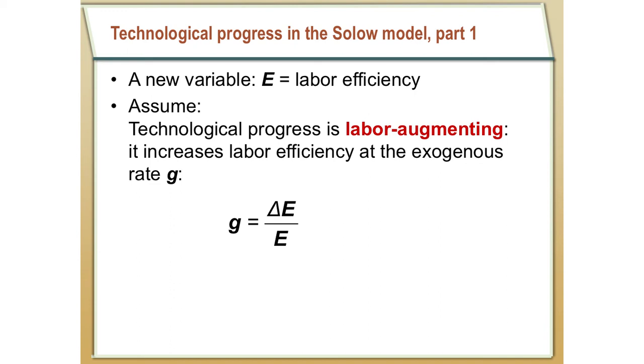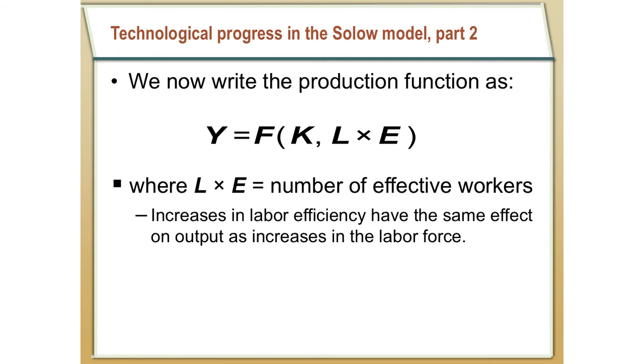So in this model, we are going to assume that labor efficiency grows at rate g. And so again, this is an exogenous parameter. It's not determined within the model. It's just a parameter that we would assign a value to given our observation of the way the world really works.